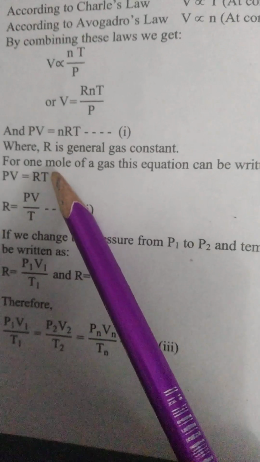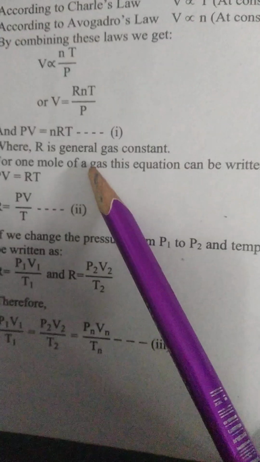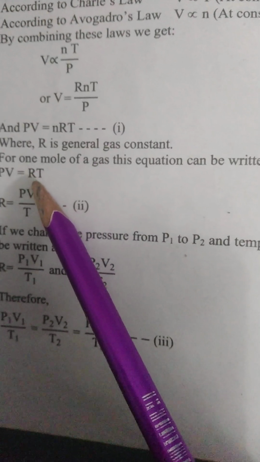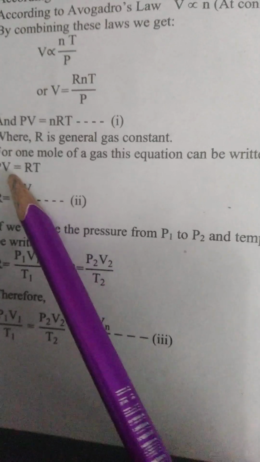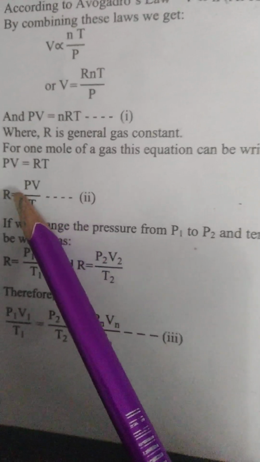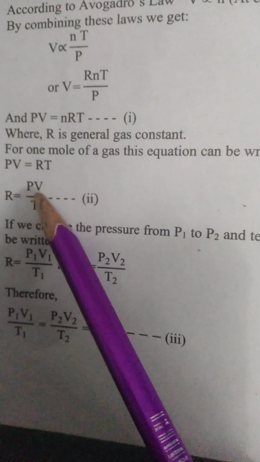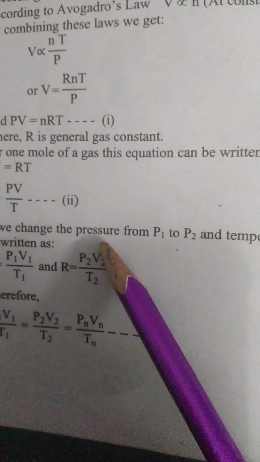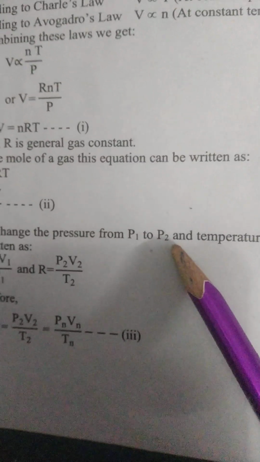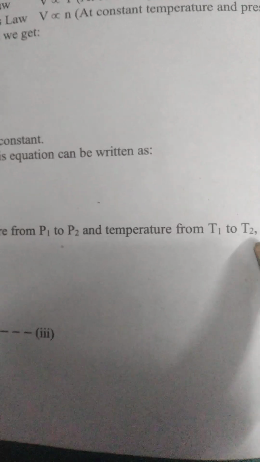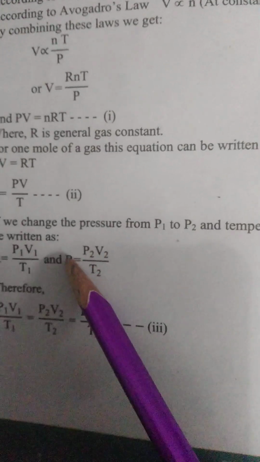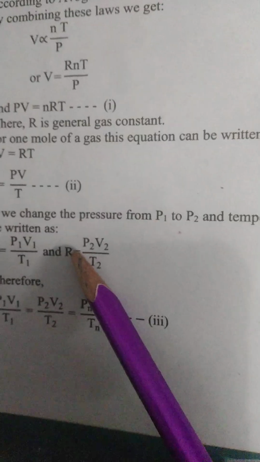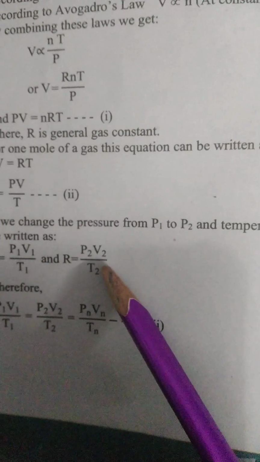Now if 1 mole of gas is present, then nRT multiplied by 1 gives RT, so PV equals RT. Now we divide PV by T, so we get R. If the values change from P1 to P2, or temperature from T1 to T2, then R equals P1V1 upon T1, and R equals P2V2 upon T2.